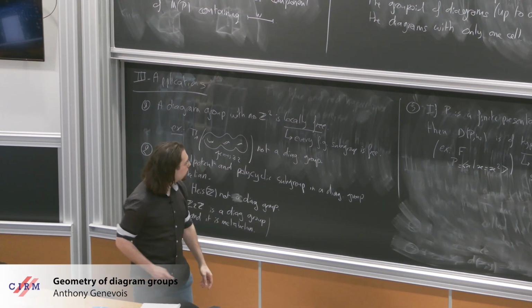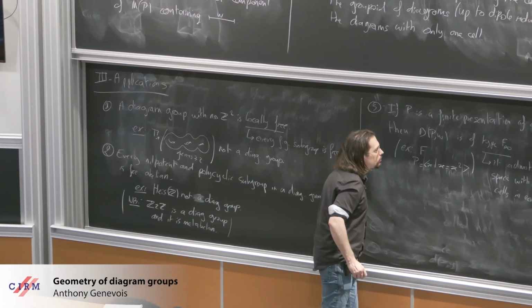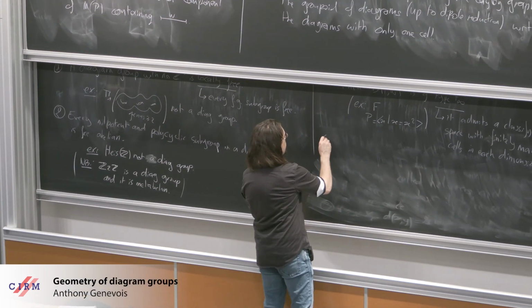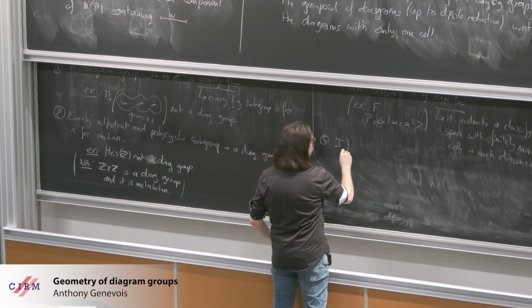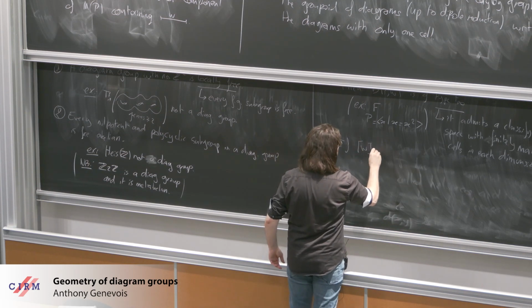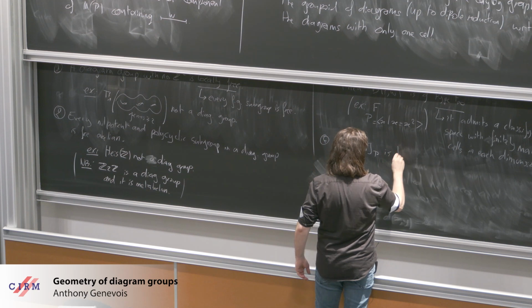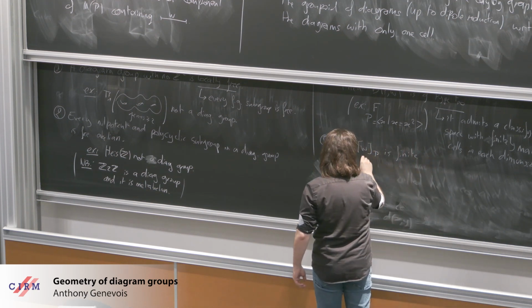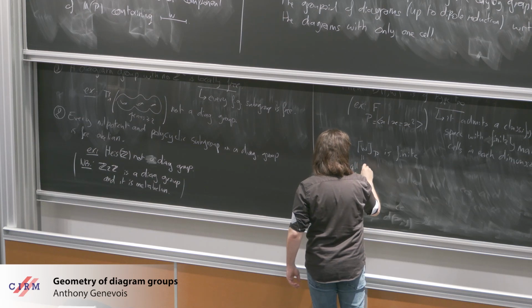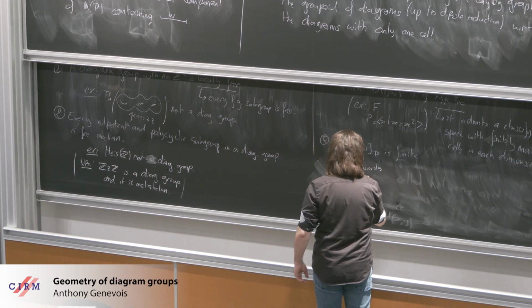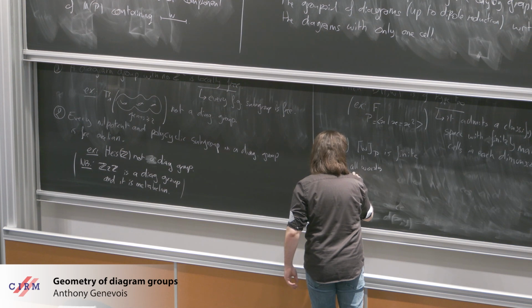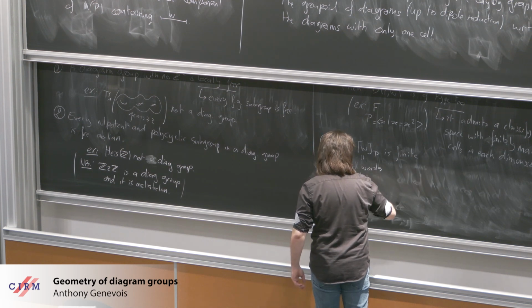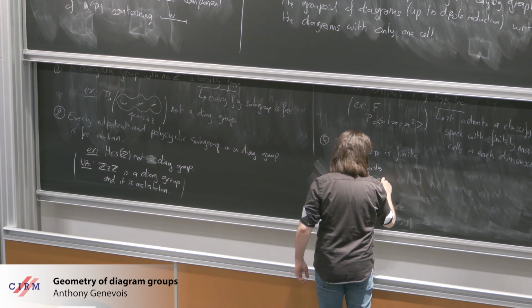Okay, another one. So if the class of w is finite, so by the class of w, I mean the set of all words equal to w in the semigroup.